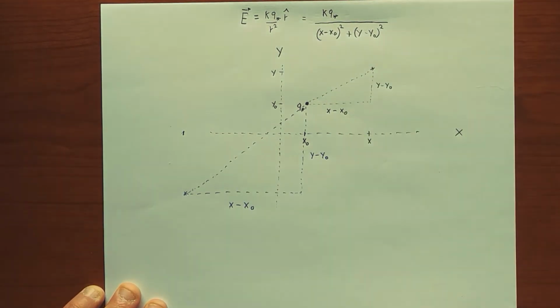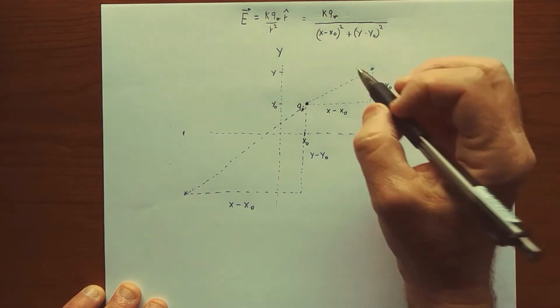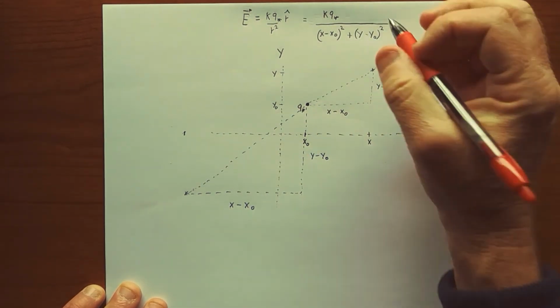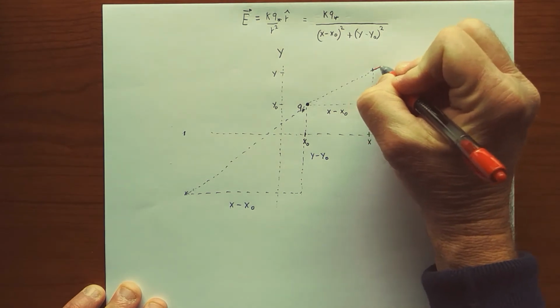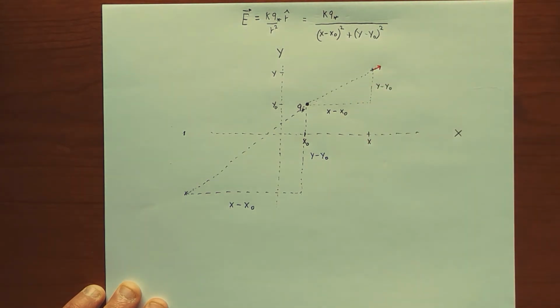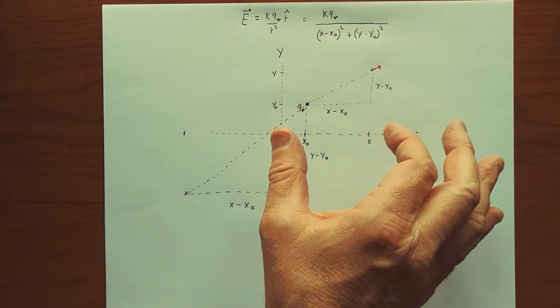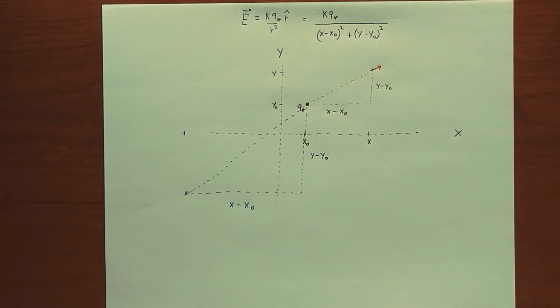Now we need the unit vector. Well, how do I get that? Well, if I'm just looking at this, then let's make a little unit vector, which would have to be pointing that way. So the electric field points that way. And we need to construct this object. Well, it's pointing that way because it has components, x minus x naught and y minus y naught. But we have to construct a vector.